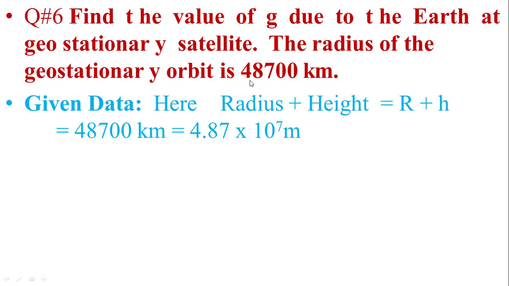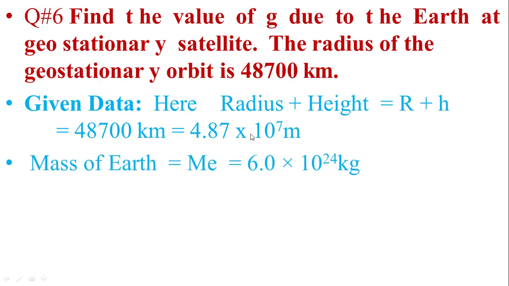So orbital radius r naught will be R plus h and its total value R plus h is equal to 48,700 kilometer. Now we can move the decimal place from this point to this point, 1, 2, 3 and 4, equal to 4.87 multiplied by 10 raised to power 6 meter.